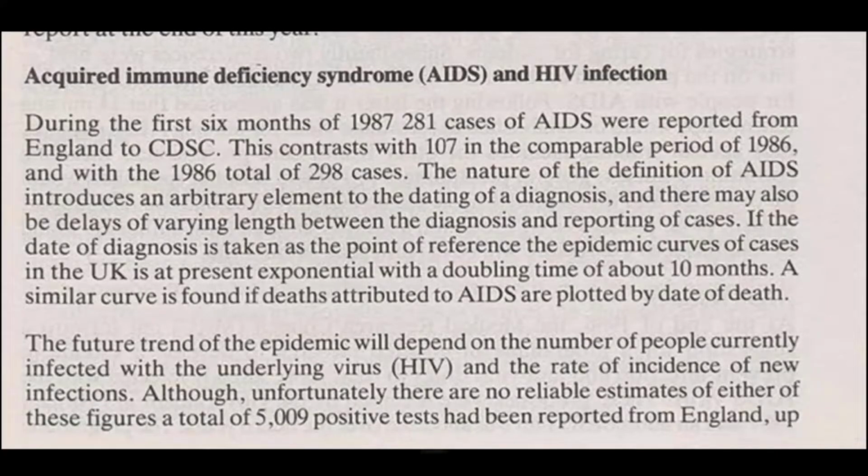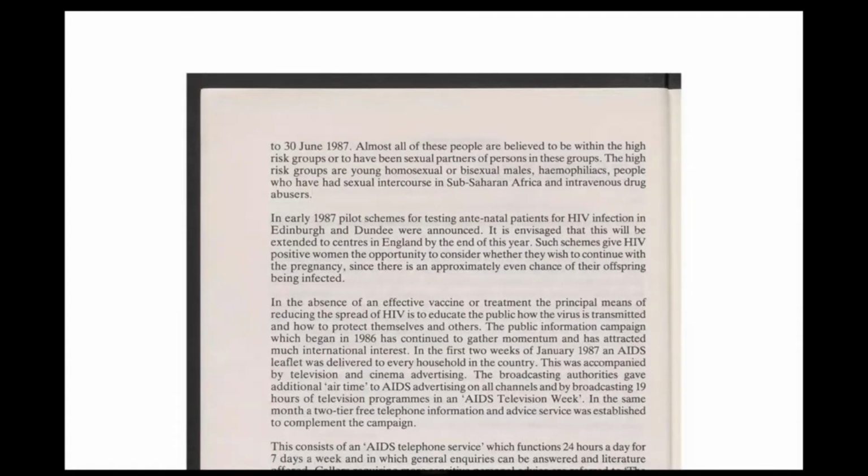He noted that the future trend of the epidemic would depend on the number of people currently infected and the rate of incidence of new infections, and that there were no reliable estimates of either, but a total of 5,009 positive tests had been reported from England, up to June 1987.